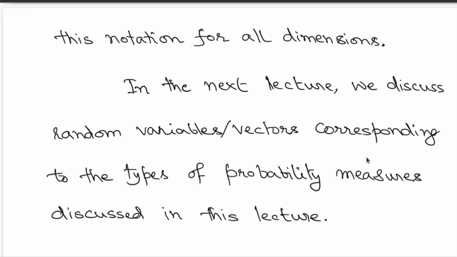So it does not have any jumps, so you cannot categorize them as discrete random variables. So there will be these three types of random variables corresponding to these three types of probability measures, which are classified according to their relation with respect to the Lebesgue measure. We are going to continue this discussion in the next lecture.